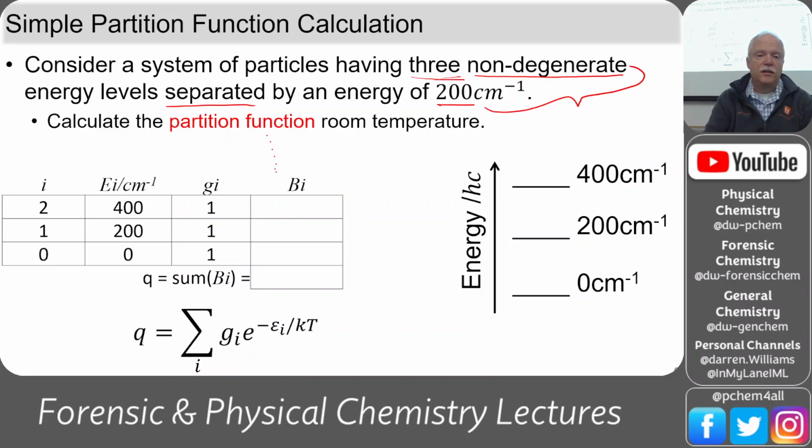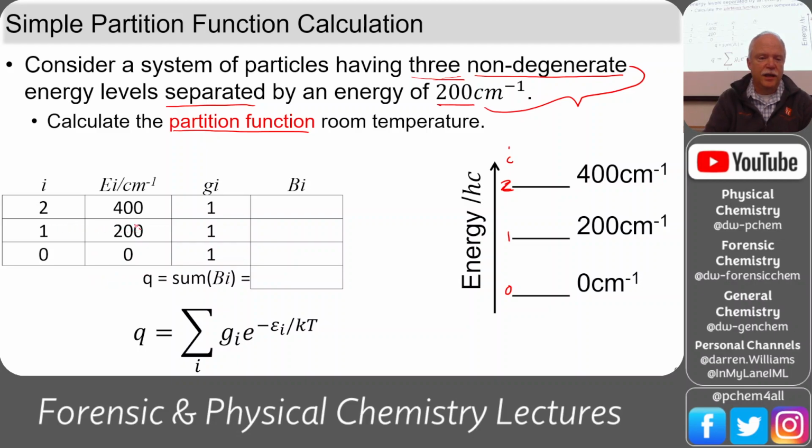Okay, I think the easiest way to do these problems is, when you're calculating the partition function, to do it in a table format. If we wanted to label these quantum states with the quantum number i, we would have 0, 1, and 2. So the ground state i equals 0 has 0 wave numbers of energy.